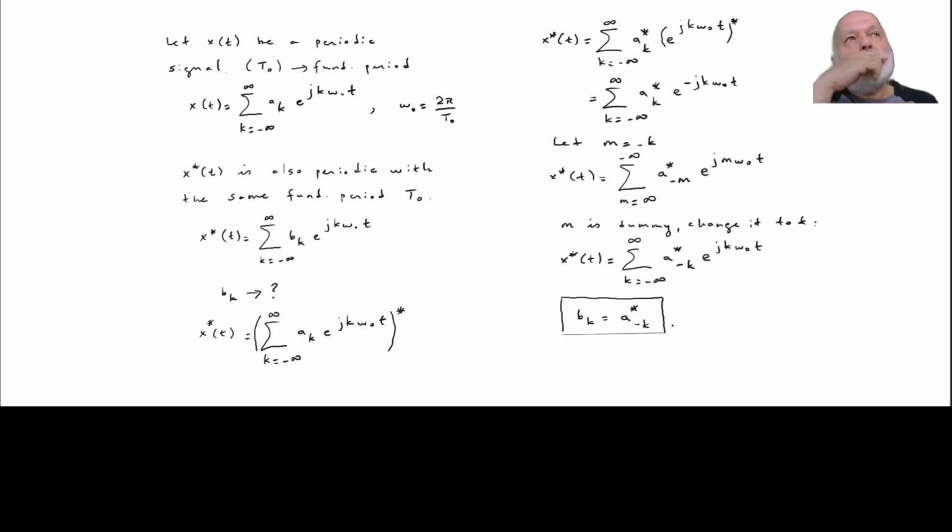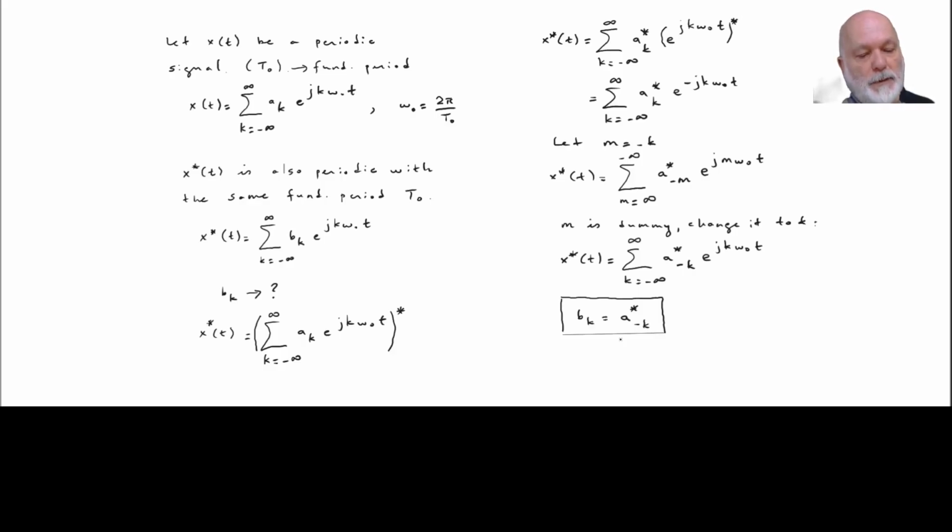So if we know the Fourier series coefficients of x of t, we can calculate the Fourier series coefficients of the complex conjugate of x of t by means of this relation. Now, if x of t is real valued, the complex conjugate of x of t is equal to itself.